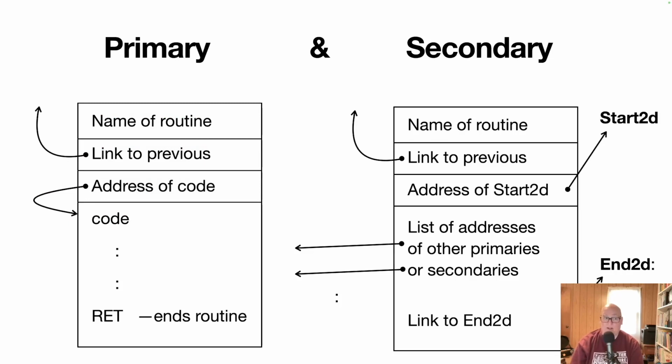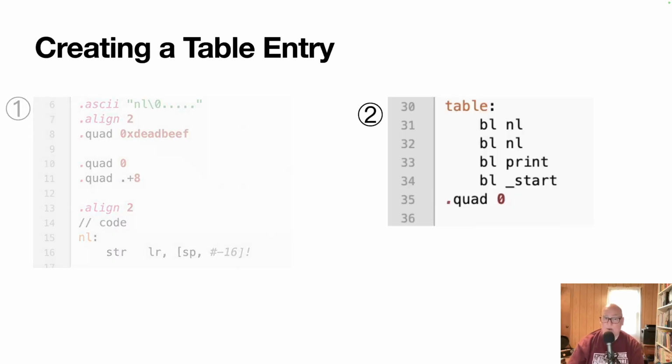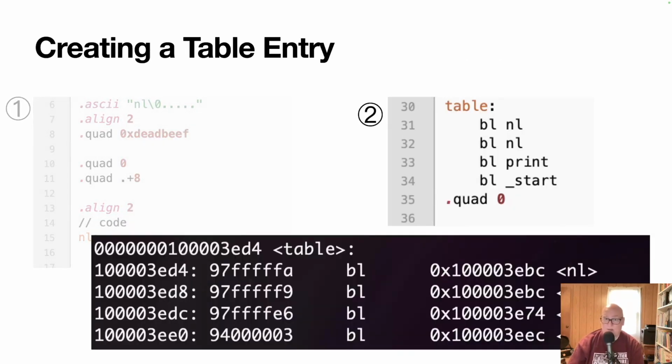I think that should be okay. We'll just have to go through and stuff where it says address of code and pop in these addresses as we find them. So that puts us kind of ready to move forward on this. If we can build these tables, I think we can build the ones on the data side, the secondaries, more easily because they're not going to get relocated or anything.